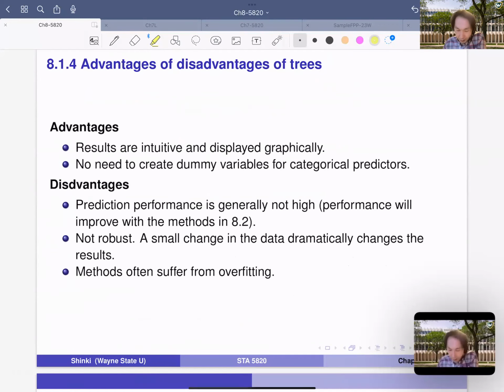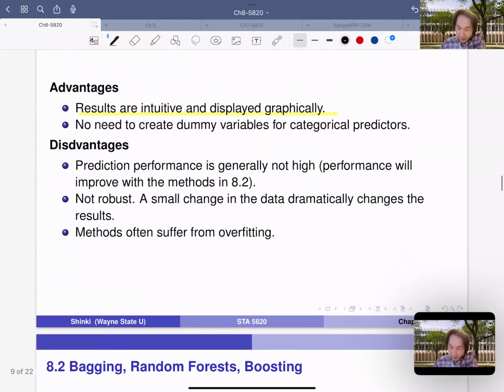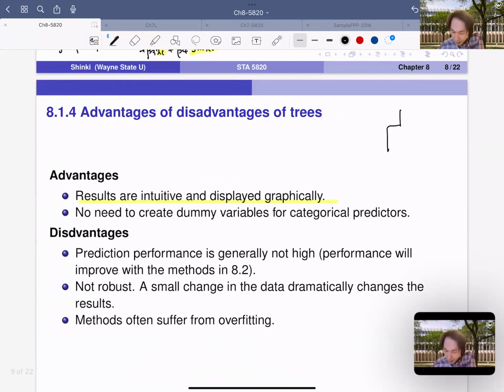Yeah, and the advantages of these tree-based methods are, at first, the results are intuitive and displayed graphically. So we split the baseball players by years of experience, then the number of hits. So for most people, it's easy to consider. And there is no need to create dummy variables for categorical predictors. So I think this is not really an advantage, maybe.